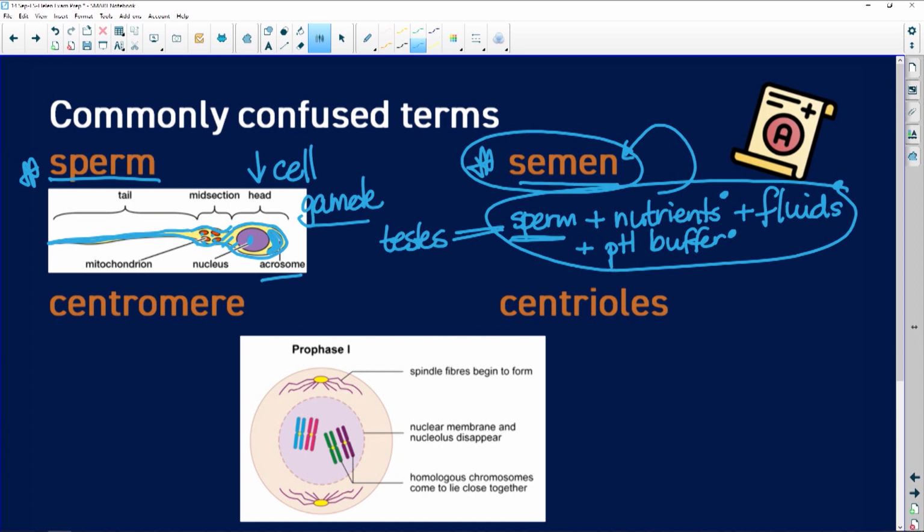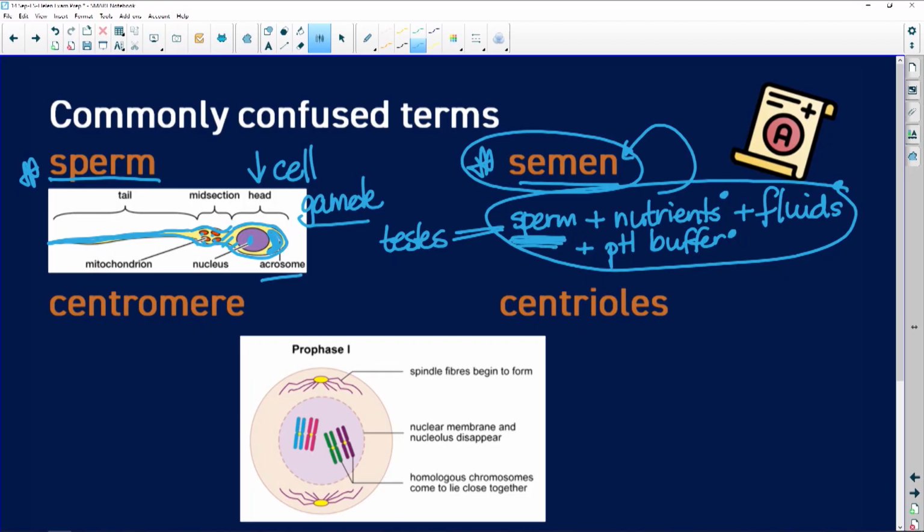And all of those came from the accessory glands, the prostate gland, the seminal vesicle, the small gland called Cowper's gland, and they all added their ingredients.